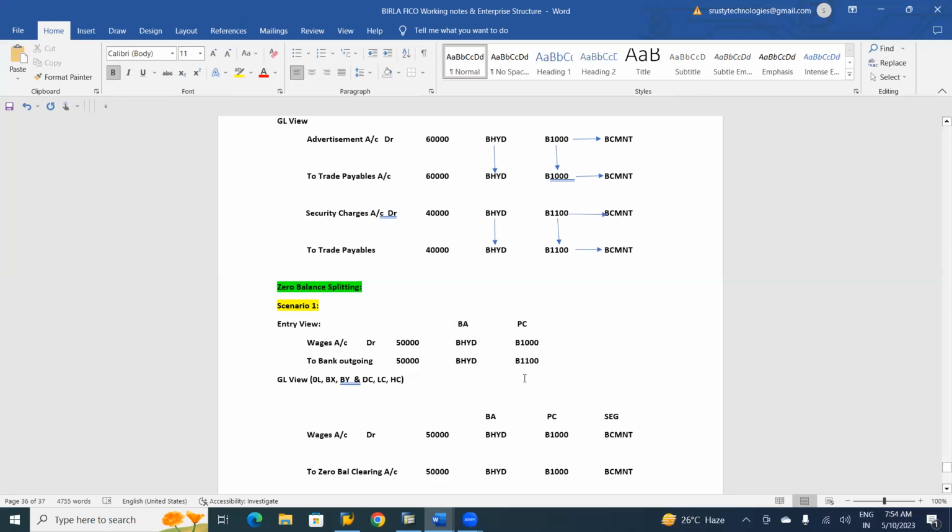Now for the credit line, it will take an adjustment entry for the debit line as zero balance clearing account, 50,000, Hyderabad. So here it will take B1100.